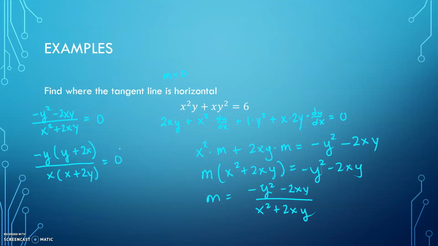And again, it's a fraction, so with a fraction equal to 0, we really just want the numerator to equal 0. So just, 0 over 5 is equal to 0. 0 over 10 is equal to 0. I don't care what's in the denominator. I only care what's in the numerator.